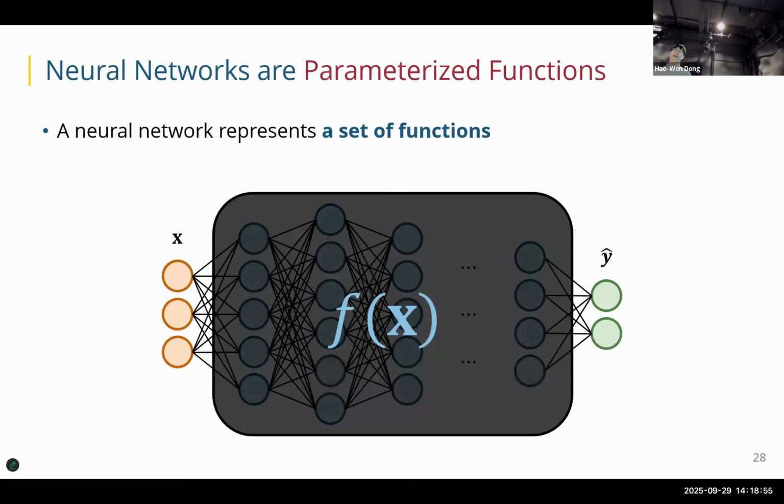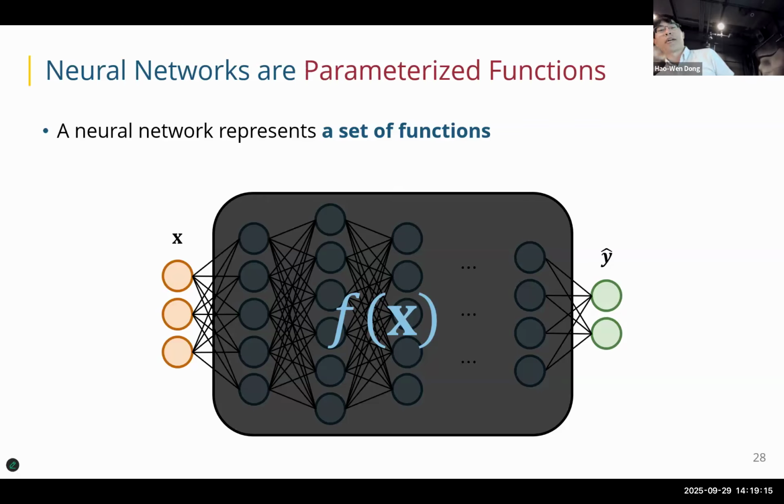We don't really care about what's going on in between. We want to figure out what's the best setup so that this function best approximates this mapping that we know, and we want to learn this mapping from the data. That's the correct way to look at neural networks.